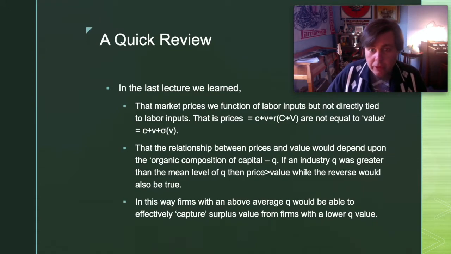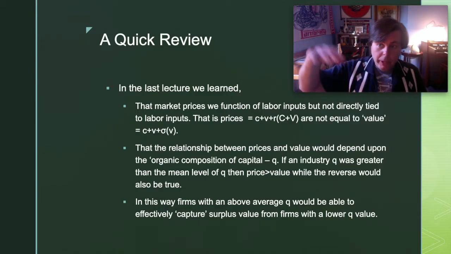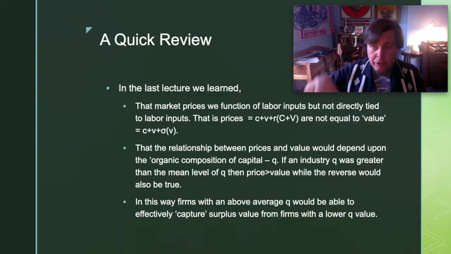So this is just the expression for prices, the first one, and the expression for value in normal Marxian terminology. The relationship between prices and values depends upon the organic composition of capital, or the variable Q. If an industry's Q was greater than the mean level of Q across all industries, right?